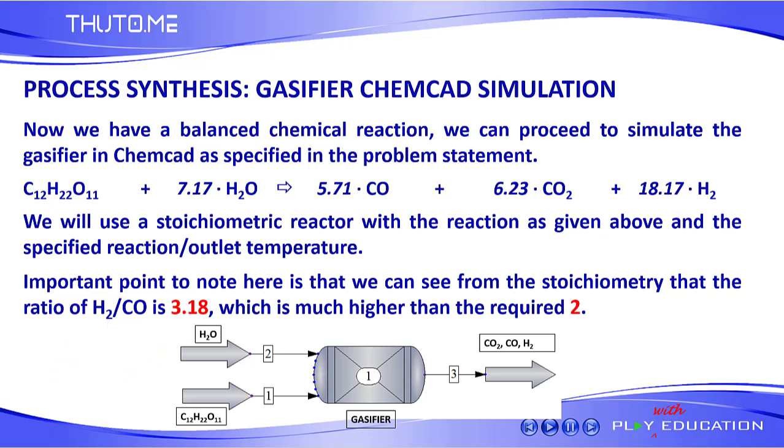What does this mean? Does it mean that we do not require the water gas shift since we are already above the required ratio of 2? I don't think so. I think that we can still use the water gas shift to shift the H2 and CO towards making more CO, so that you shift the ratio back to 2 by using CO2 and H2 to produce CO and water. This is your design. You can think about what needs to be done.